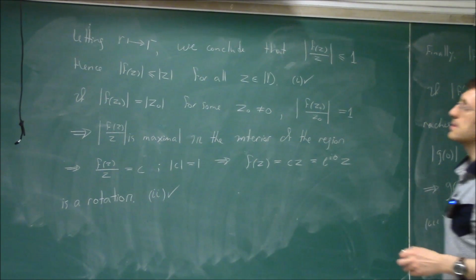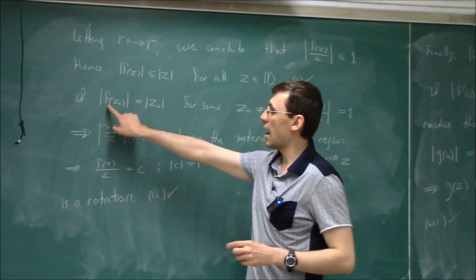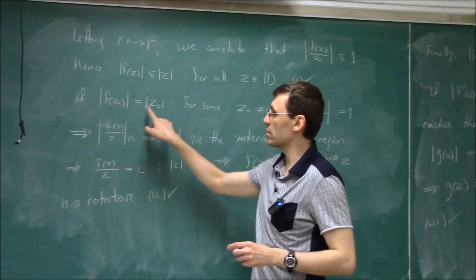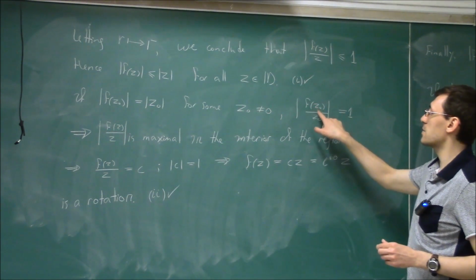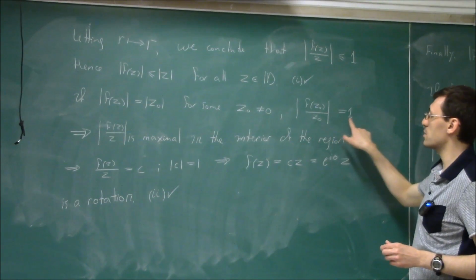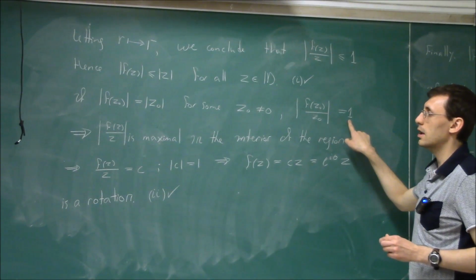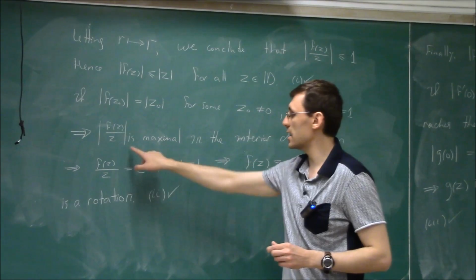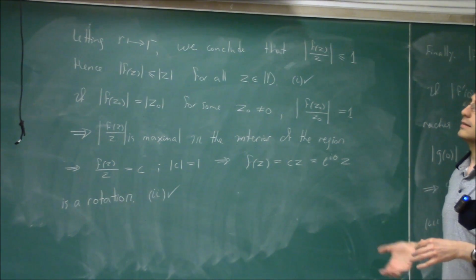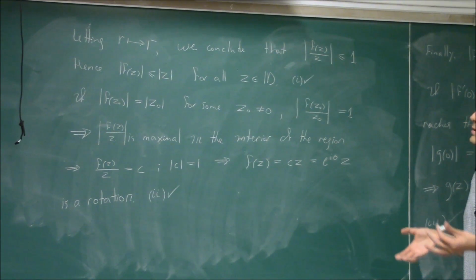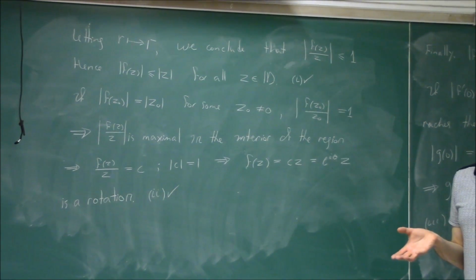Now let's see what happens when you have equality. If f of z0 has a modulus equal to the modulus of z0, then it follows that f of z0 over z0 has modulus equal to 1. Which means that f of z over z is maximal in the interior of the disk. And by the maximum modulus theorem, that forces the function to be constant.